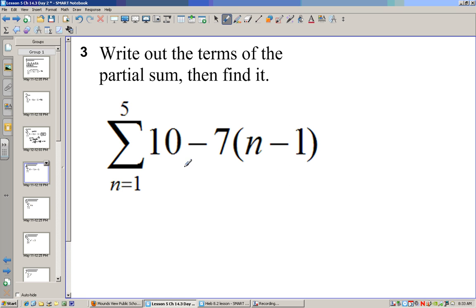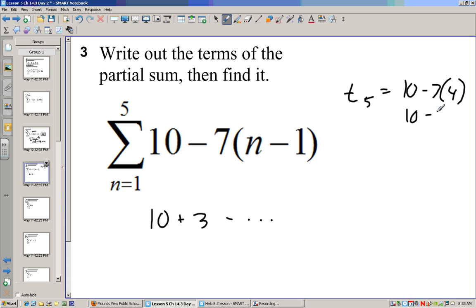Let's try this one. Our first term is 10, and it keeps going down by 7. So it'll be 3 and so on. So if I want to go to my 5th term, I would first find t sub 5, which would be 10 minus 7 times (5 minus 1), which is 4, or 10 minus 28, which is negative 18.